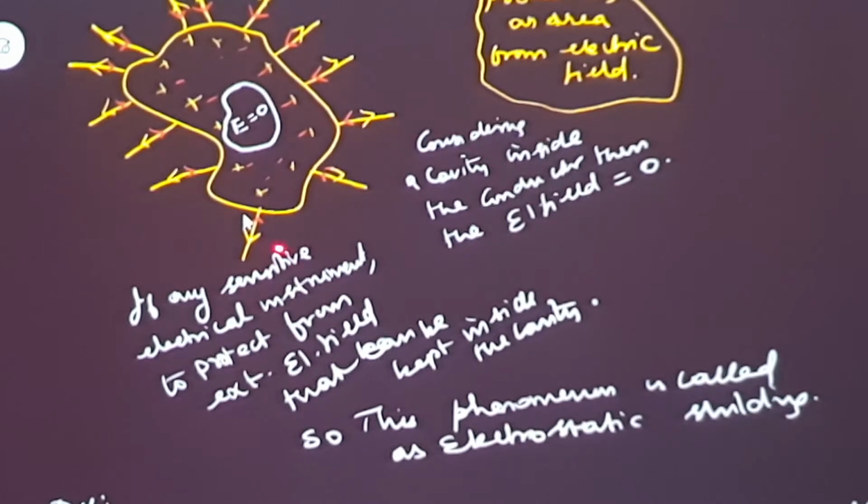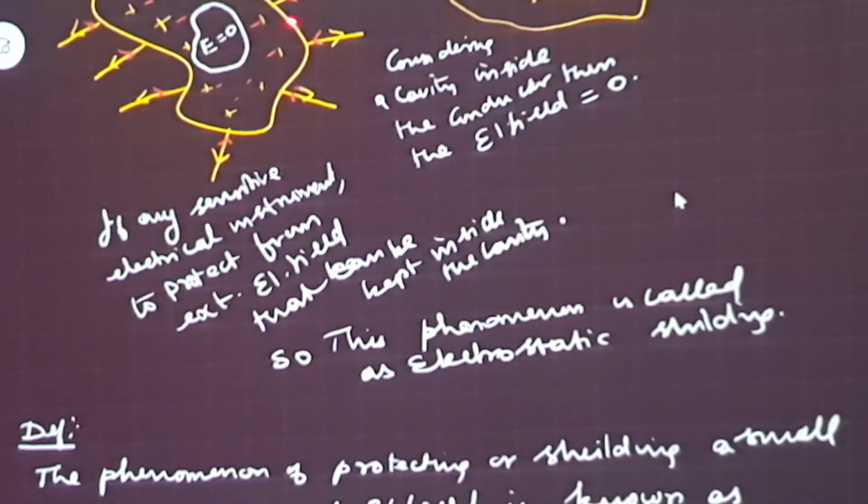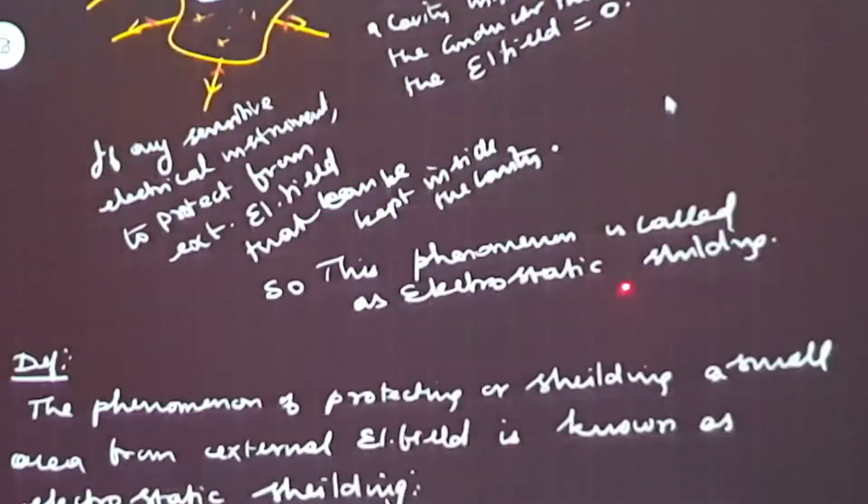And if any sensitive electrical instrument which would get affected by the external electric field is placed inside this cavity, it is not affected, because inside the cavity the electric field is zero. So the external electric field is not available inside this cavity. This phenomenon of protecting or shielding an electrical instrument is called electrostatic shielding.